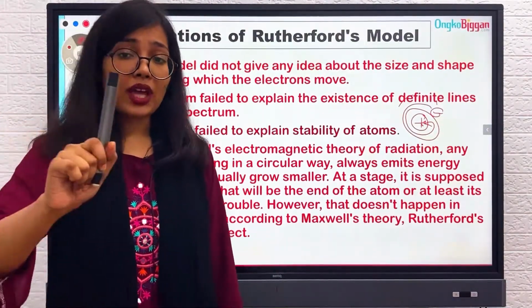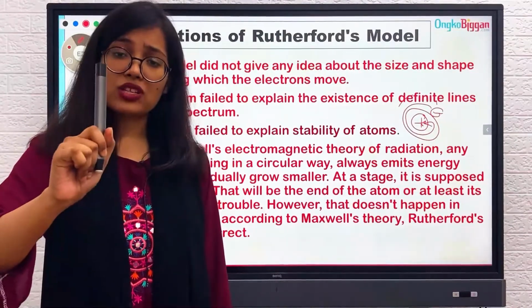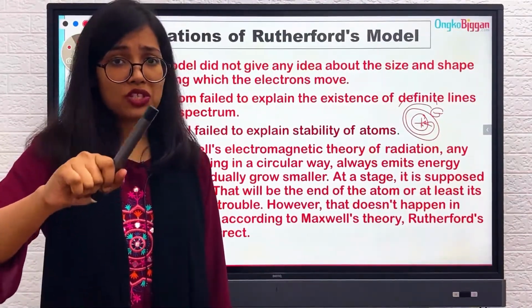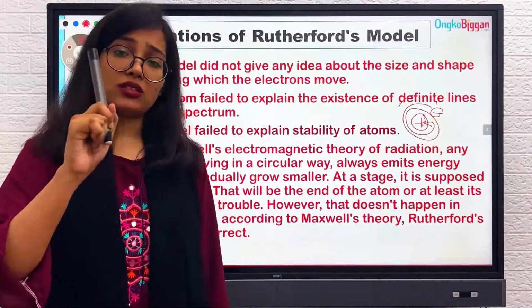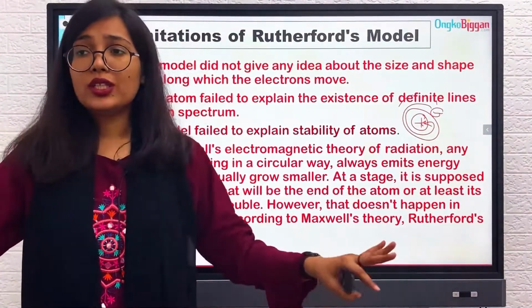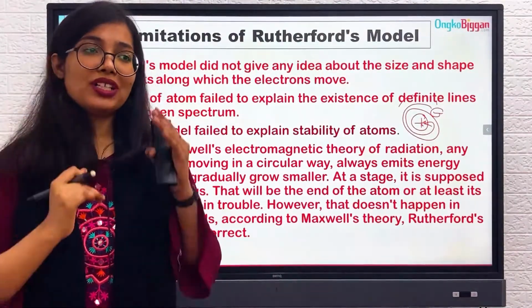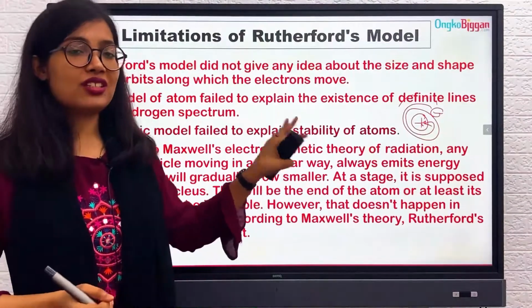According to Maxwell's theory, it's supposed to end at the center, because the electrons are negatively charged and the center is positively charged, so there is attraction, and it's going to shrink and fall into it. But according to Rutherford's model, this doesn't happen.